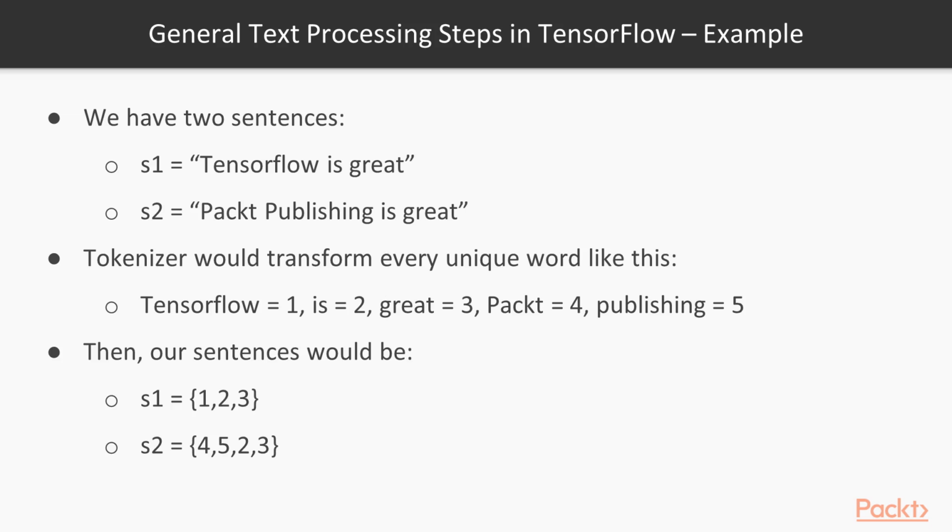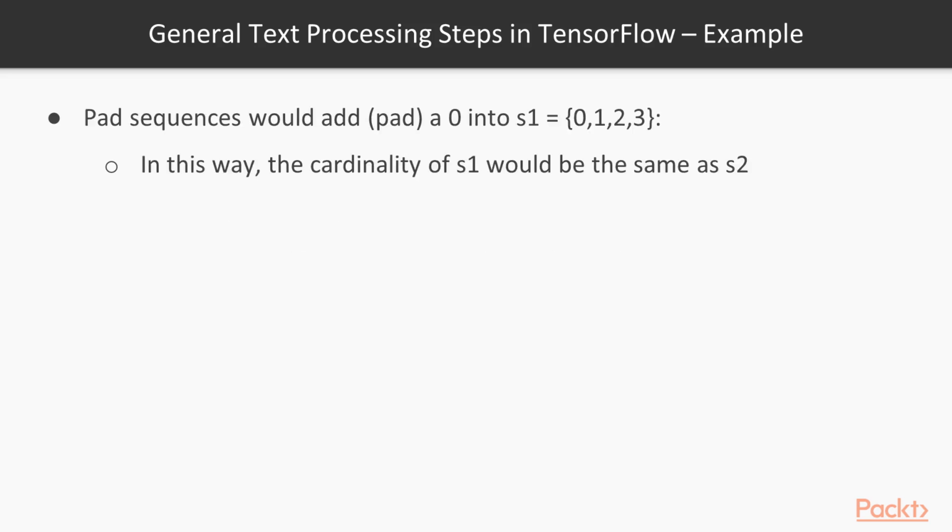Then our sentences would be S1 equals 1, 2, 3, and S2 equals 4, 5, 2, 3. Pad sequences would add a 0 into S1, which will become 0, 1, 2, 3. And in this way, the cardinality of S1 would be the same as S2.